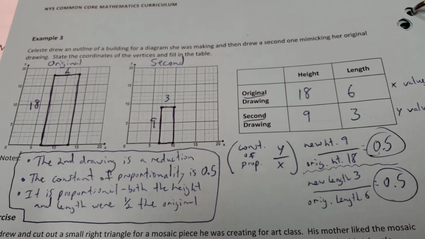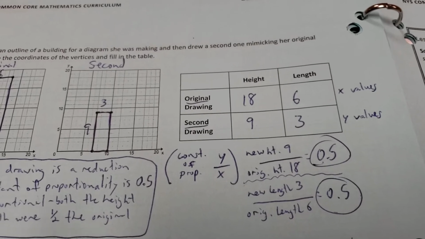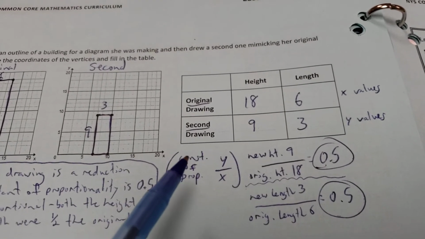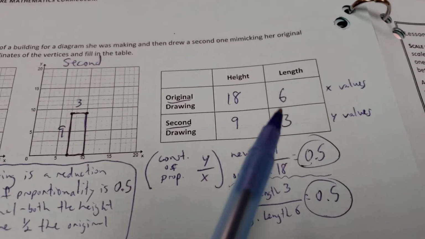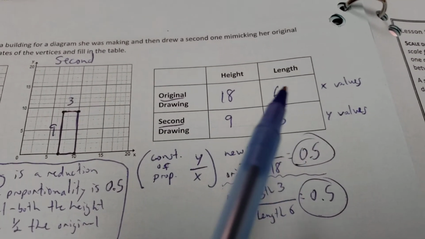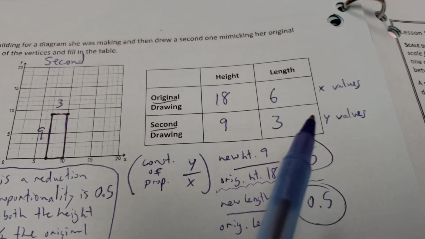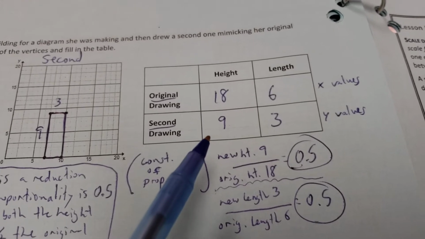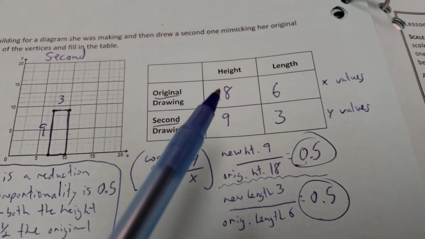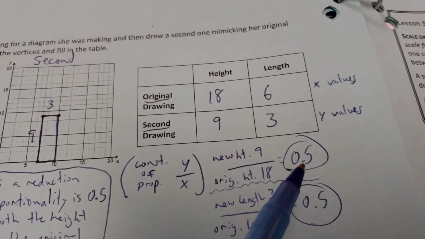Now, we want to see, as we look at these, as we go from a constant proportionality, it's a y value divided by an x value. Now my original information here, I'm going to refer to as an x value, and my newest information is going to be a y value. All right? So if I took the heights and compared them, if I took my new height divided by my original height, 9 divided by 18 is 0.5, or 1/2.